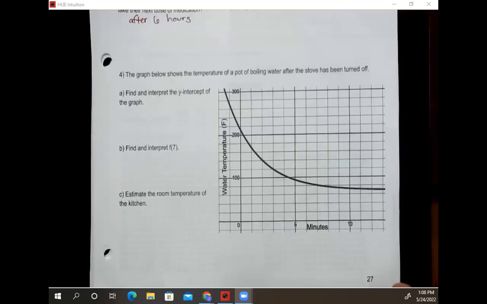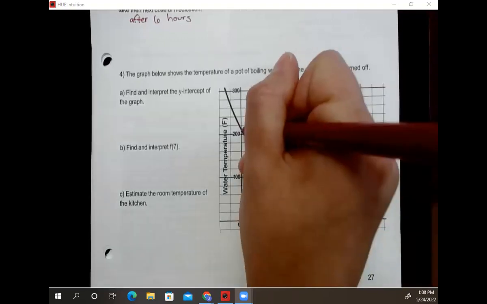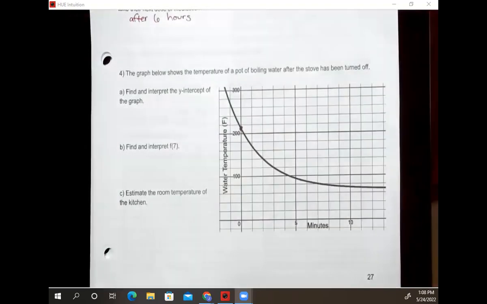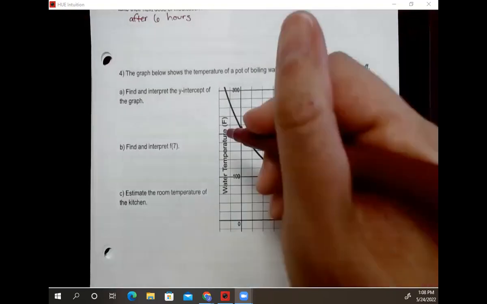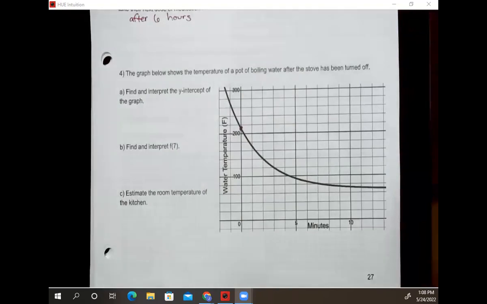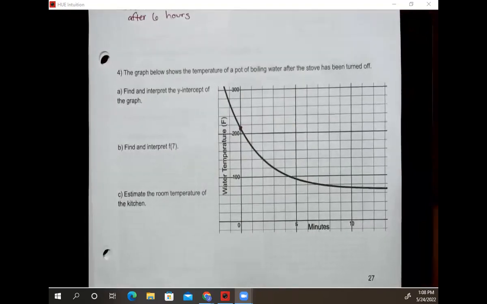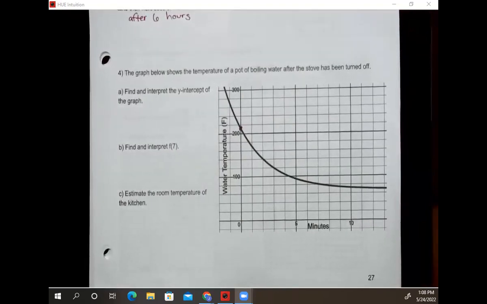Now, let's think a little bit back to what we've learned in some of our science classes. If the water was boiling here, what temperature would I expect that to be? Based on our graph, we have to estimate a little bit, but we should know the boiling temperature of water. Oh boy, I'm going to email your 5th grade teachers and they are going to be mad at you. It's 100 degrees Celsius.